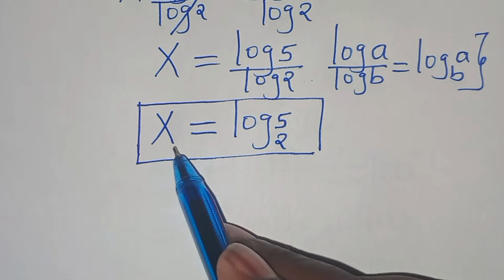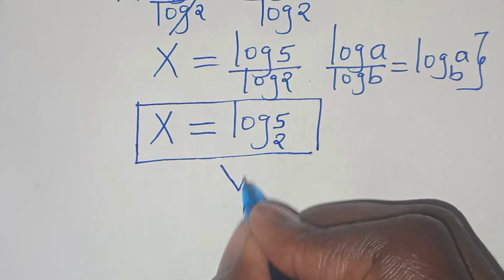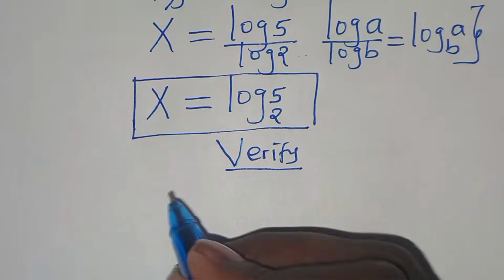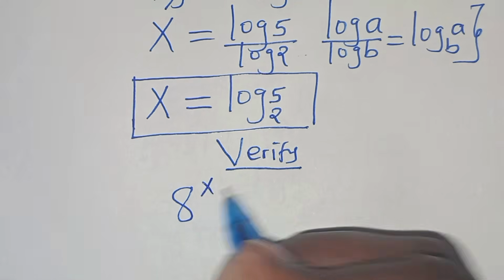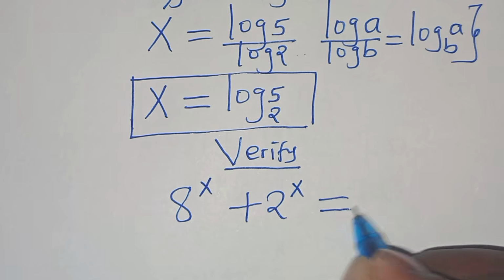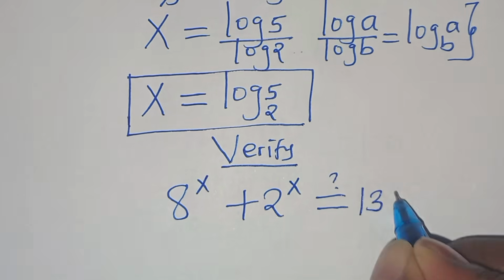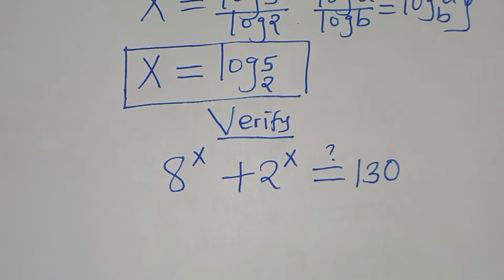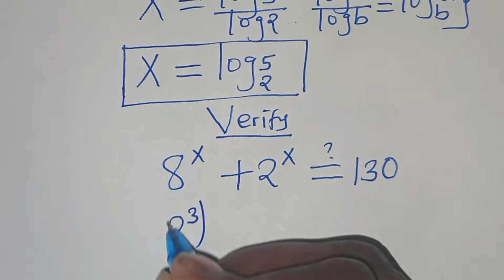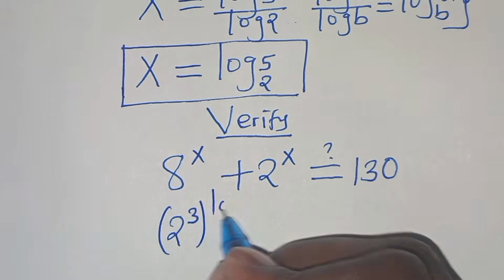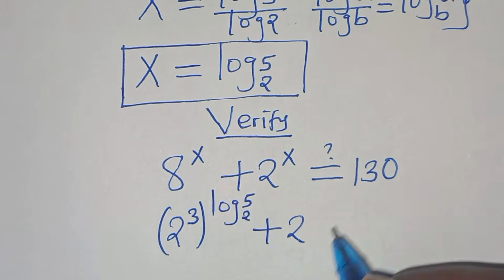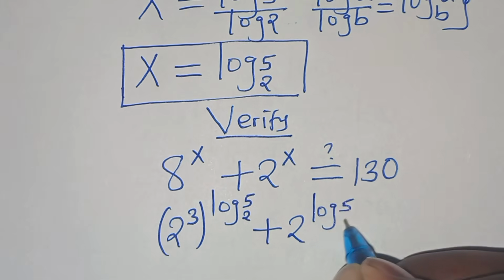Now, let's verify that this value of x here satisfies the equation. Now, we have that 8 to the power of x plus 2 to the power of x. This is supposed to give us a value of 130. So we can express 8 as 2 to the power of 3 raised to the power of x, which is log 5 to base 2, then plus 2 raised to the power of log 5 to base 2.